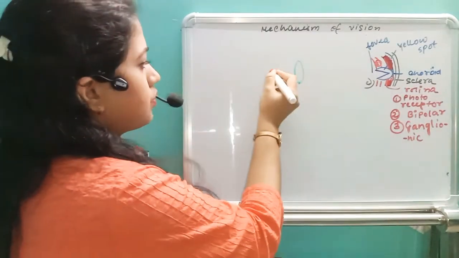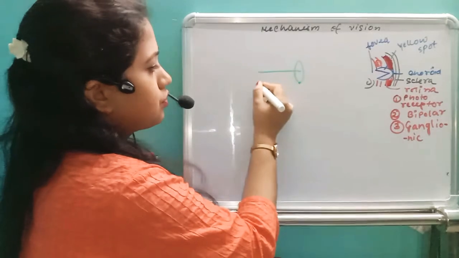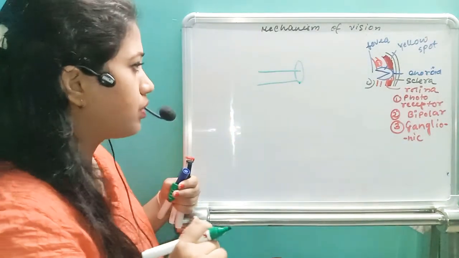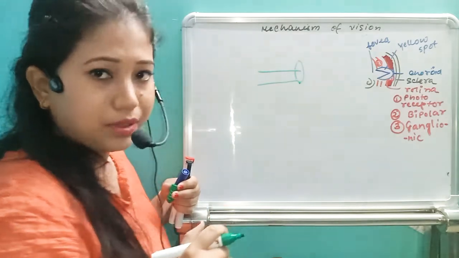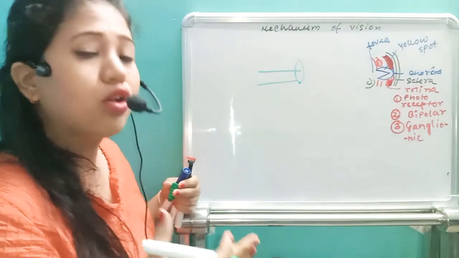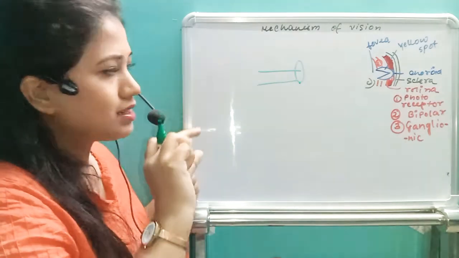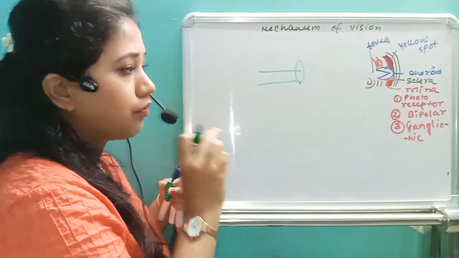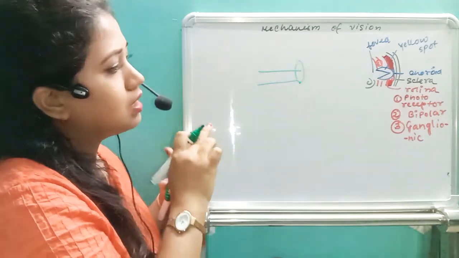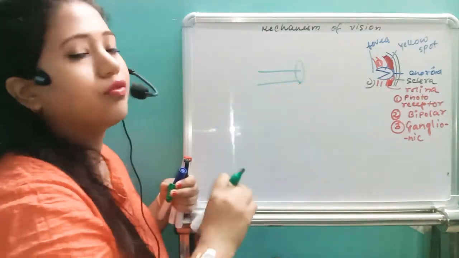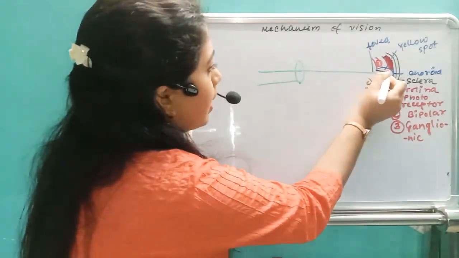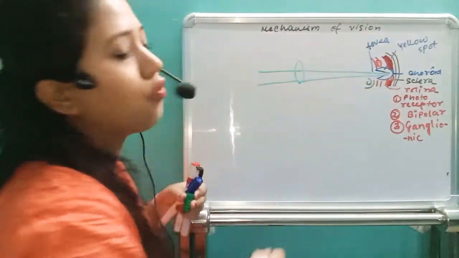First of all, the light will pass through the aqueous chamber, and refraction will occur. After that, via the vitreous humor, refraction will occur again, and to focus that light to converge on the fovea centralis, the focal length of the lens will change so that it can focus the light on the fovea.